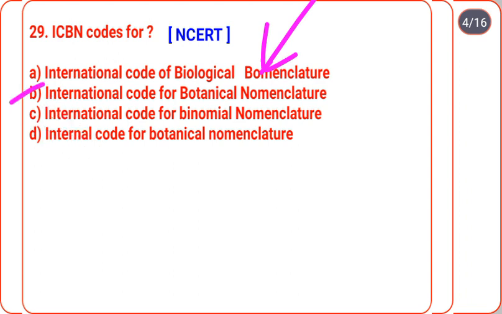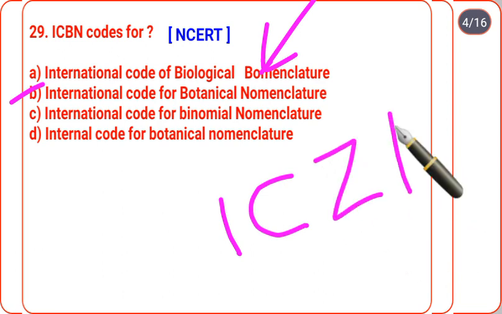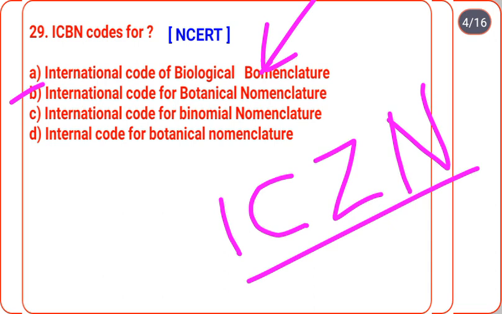Option C, Internal Code for Binomial Nomenclature, impossible. Option D, Internal Code for Botanical Nomenclature, impossible. So our correct answer is International Code for Botanical Nomenclature. Later we will see the ICZN, the International Code of Zoological Nomenclature. Next we will see.